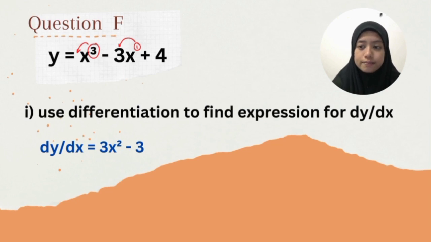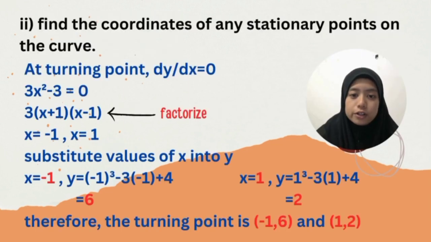3. To find the coordinates of any stationary points on the curve, at a certain point dy over dx equals 0. Then we put the differentiated answer equal to 0. So 3x to the power of 2 minus 3 equals 0.